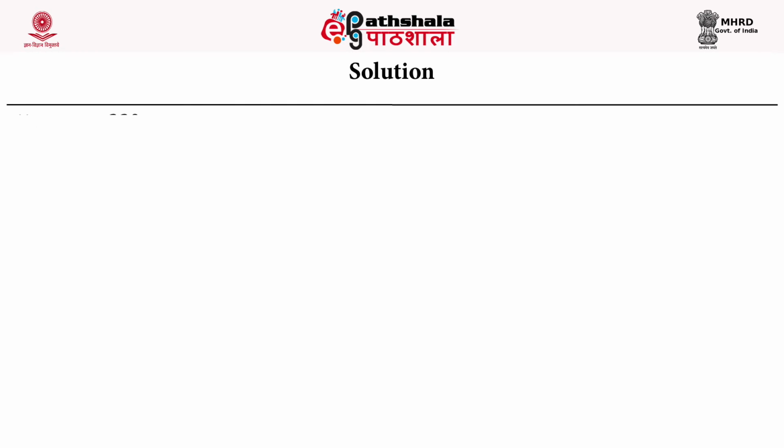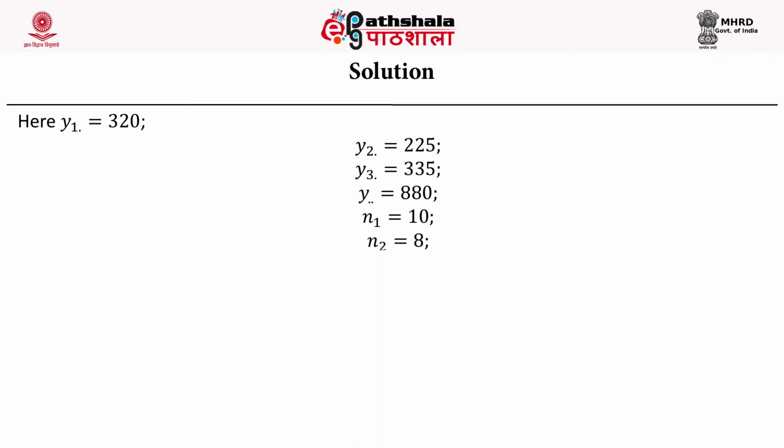So from the previous module we already have the values: y1 dot equals 320, y2 dot equals 225, y3 dot equals 335 and y double dot equals 880, n1 equals 10, n2 equals 8, n3 equals 9, and double summation yij square equals 30152.